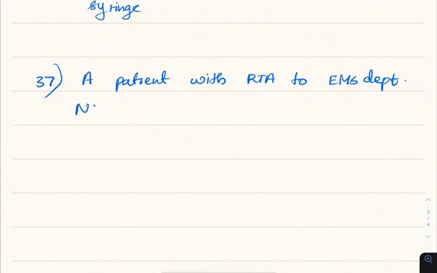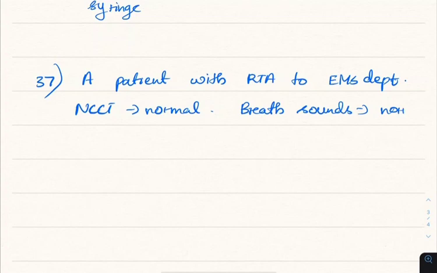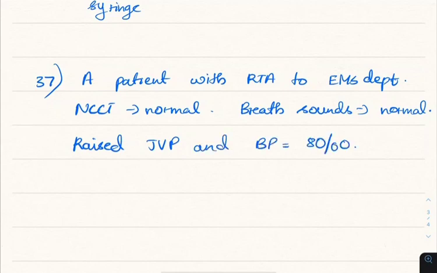Okay, NCCT normal, breath sounds normal, raised JVP and BP was 80/60. Next step. So this clearly shows a case of cardiac tamponade, and so the next step is needle thoracostomy.